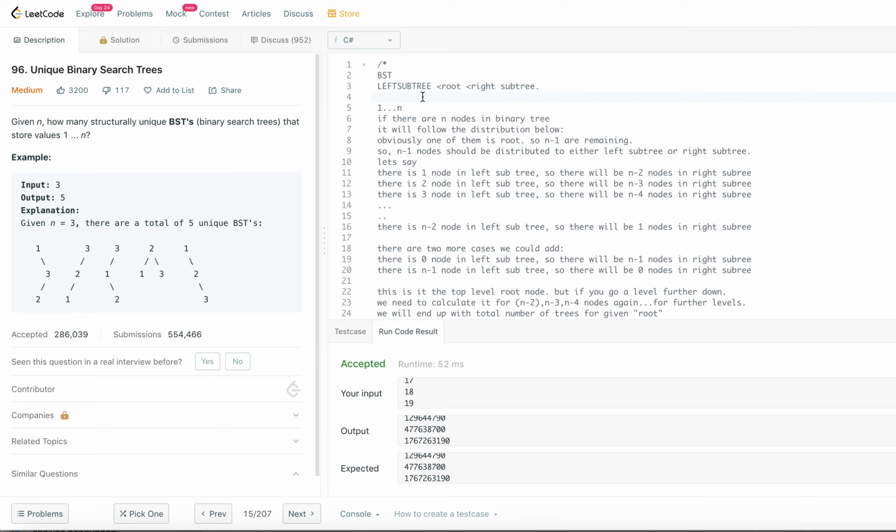As we are saying, n is the number of nodes in the binary search tree. When we are talking about binary trees, there will be a left subtree, a right subtree, and a root. Keeping that in mind, which one is optional?